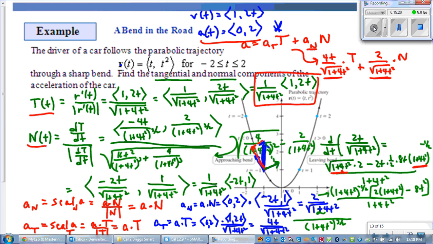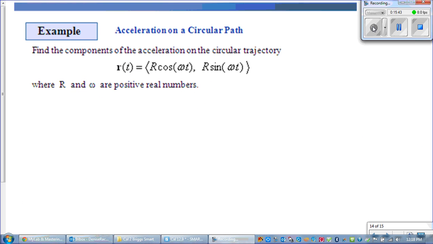One thing you can do to make sure that you've got it right is if I take this vector t and put it here and take the vector n and put it here, I'd better come up with 0, 2. This is just a decomposition of the acceleration vector, so that sum should equal 0, 2. Now for this example, I can do it with the formulas, or I can just do it a little easier.